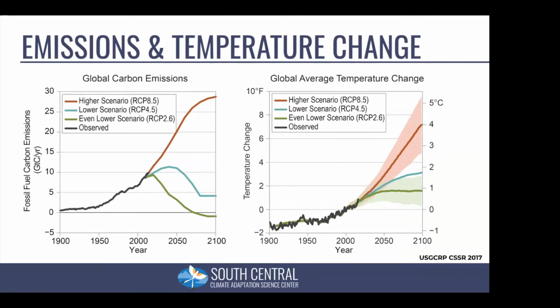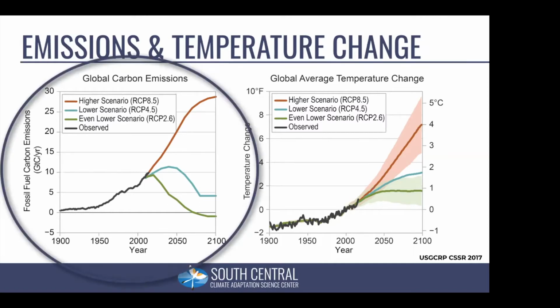We don't have observations of how greenhouse gases will change in the future, so we need to generate several emissions pathways that may be possible given choices that societies can make for the future.